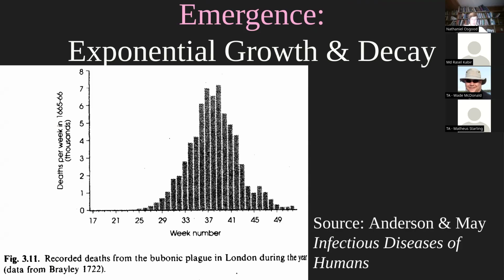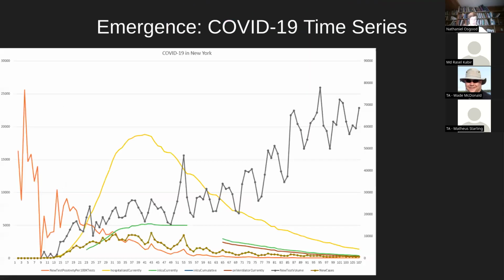This is from observations of the bubonic plague in the early 1700s, which noted the characteristic infection curve that we saw, in fact, reproduced in our little stylized model there, involving population movement within communities.